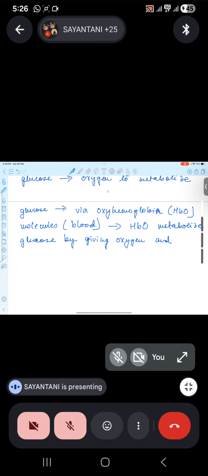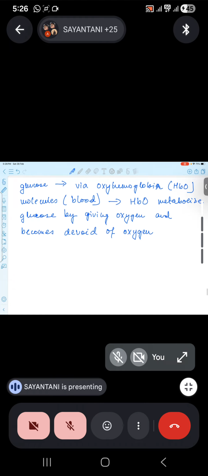So now it becomes devoid of oxygen. That means the oxygen component has been released away. Now it doesn't have any oxygen, so it is devoid of oxygen and hence gets converted to deoxyhemoglobin, that is HBr.